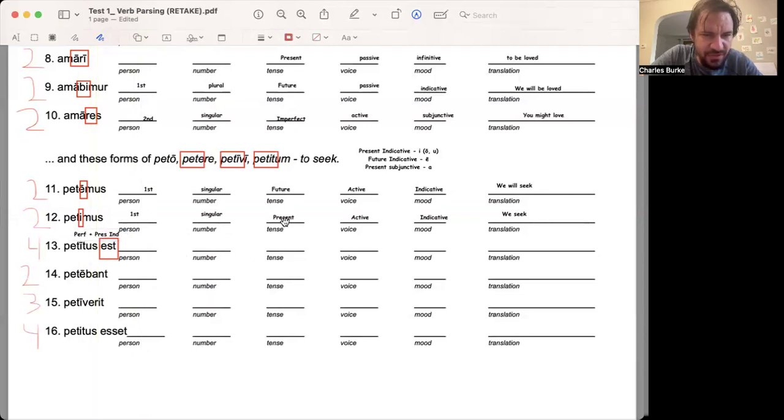So perfect plus present is perfect. Est is indicative, so this will be indicative. And then fourth principal part is usually passive. The only exception is the future active participle. We don't have that, so we're going to do passive. Perfect passive indicative. Est is your third person singular form.